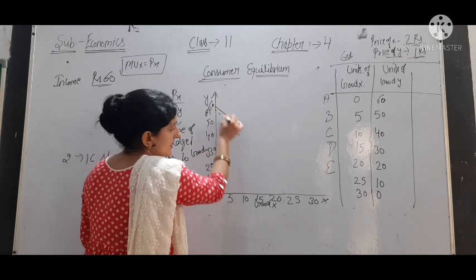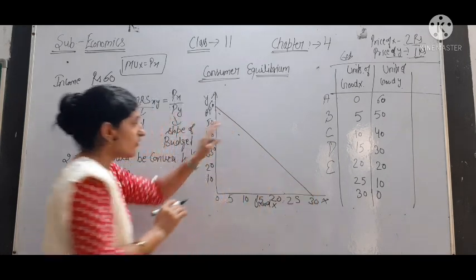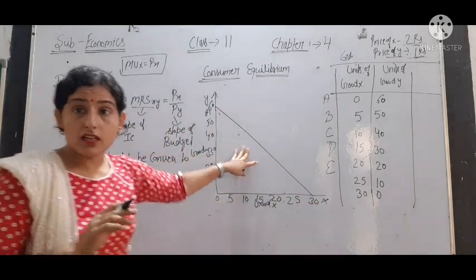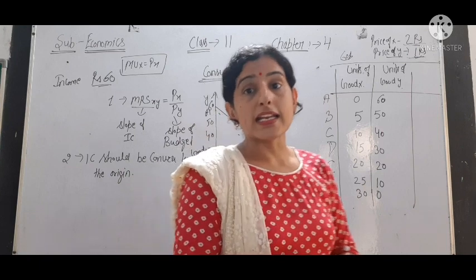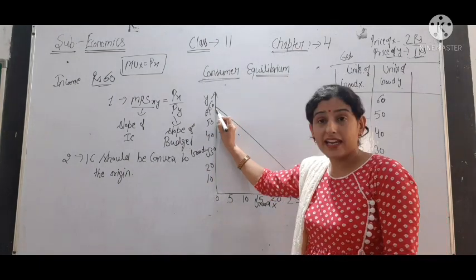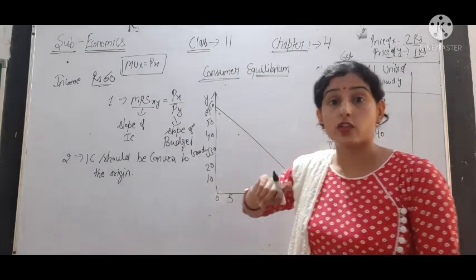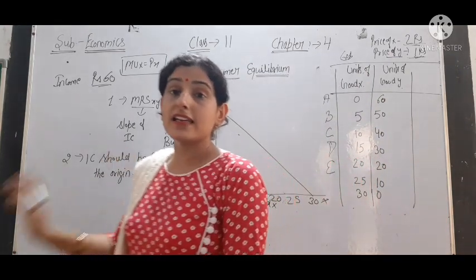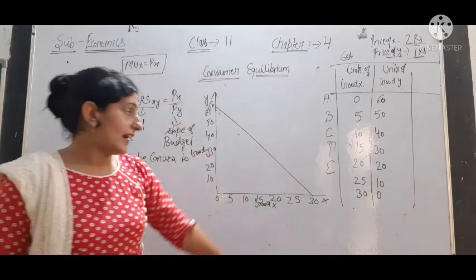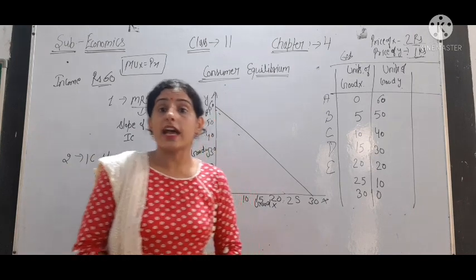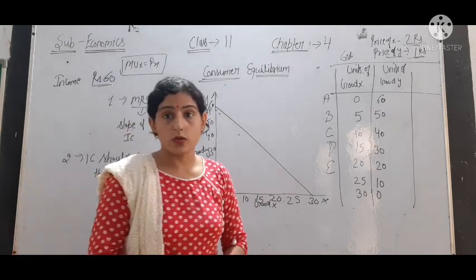So this is our budget line, okay. Means according to our budget line, the consumer can spend all income on one commodity when he is consuming 60 units of good Y and nothing of X. And here 30 units of good X and nothing of Y, okay.